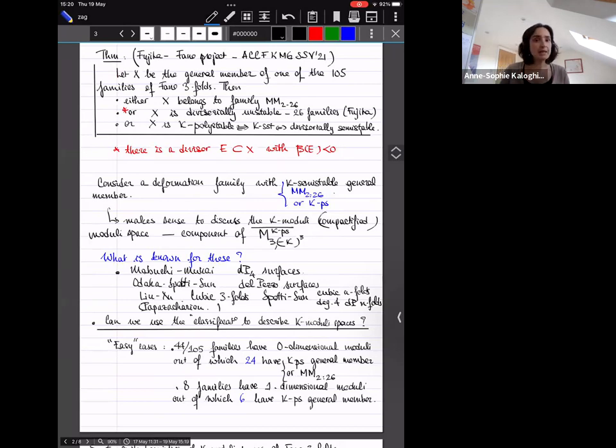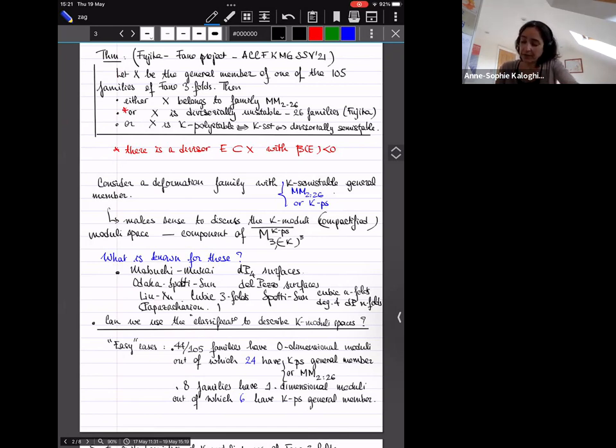So let's start with the easy cases, which should be easier to describe. The first type of easy cases is that we have 44 families with zero-dimensional moduli in the classification. Out of these 44 families, only 24 have K-polystable general members, or are Mori-Mukai. So I won't spend much time discussing the ones that are not, because here the picture is pretty clear.